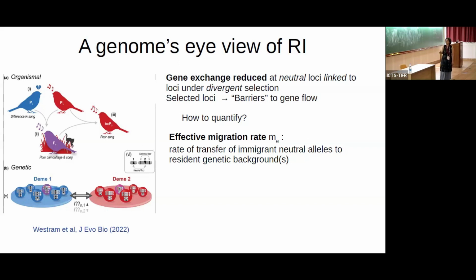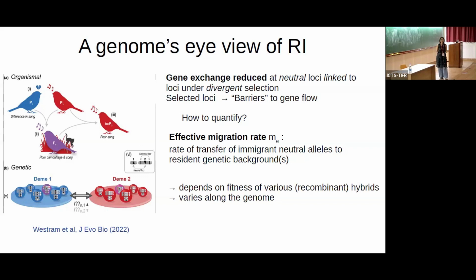It enters this deme with these red alleles, which are harmful, but in a few generations, it might recombine away and find itself on the resident genotypes, in which case it doesn't have a selective disadvantage. So one way of thinking about this reduced gene flow is to ask what's the rate at which these immigrant neutral alleles are transferred to the resident genetic background.